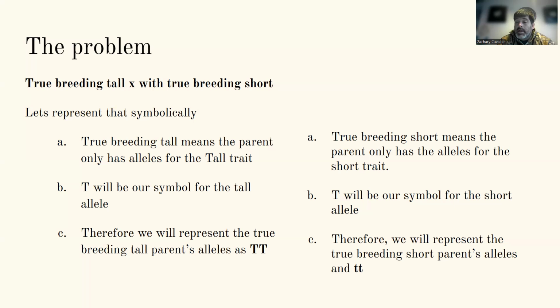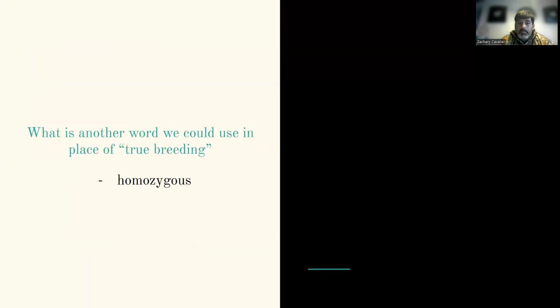There's an absolute dominant and absolute recessive. We represent our true breeding short plant with two lowercase t's. Those represent the recessive trait. So symbolically, that's how we're going to represent this.